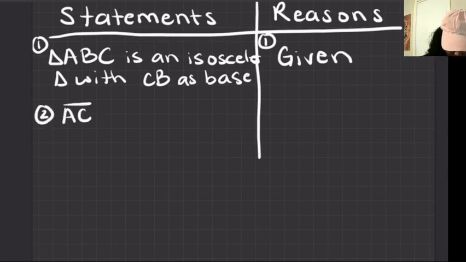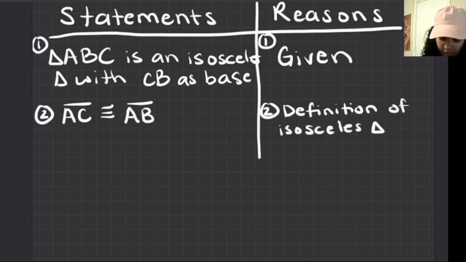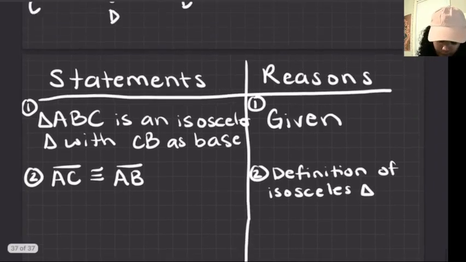So AC is congruent to AB, and this is just based on the definition of an isosceles triangle, okay? So this is just the definition of an isosceles triangle.